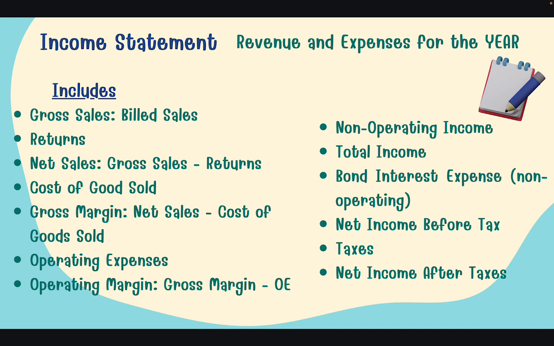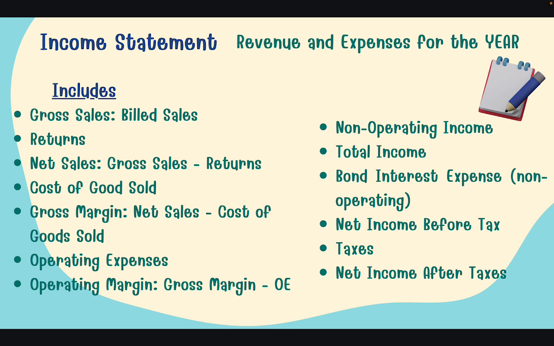And this is going to include the gross sales, which are the billed sales, the returns, the net sales, which is gross sales minus the returns, the cost of goods sold, the gross margin, which is the net sales minus the cost of goods sold, the operating expenses, the operating margin, which is the gross margin minus the operating expenses, the non-operating income, the total income, the bond interest expense, which is non-operating, the net income before tax, the taxes themselves, and the net income after taxes.